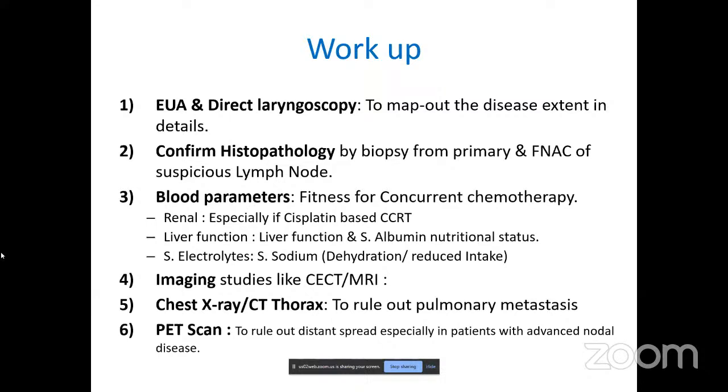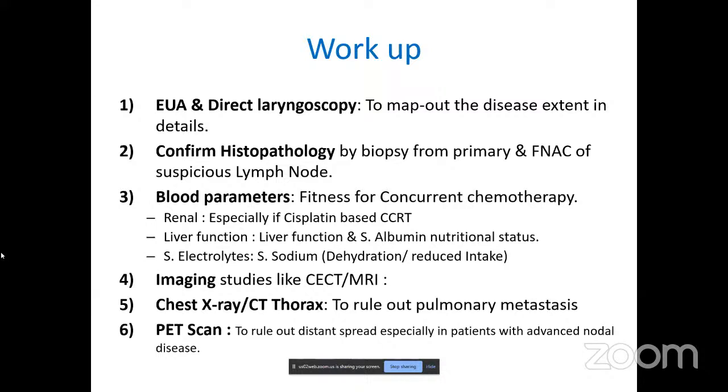And definitely there is a significant role of imaging. So most commonly we do the contrast enhanced CT scan or MRI. In some cases, like for base of tongue tumor, to understand the extent or infiltration towards the anterior tongue, it is better to have an MRI done if you have that in your institution.